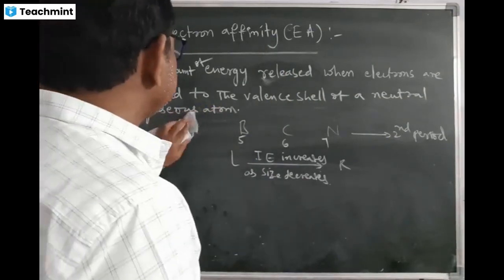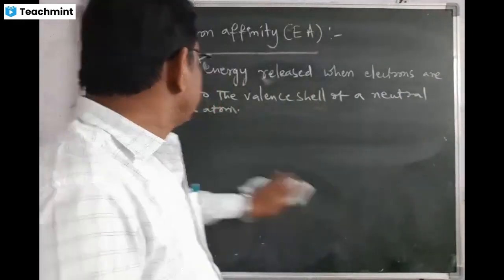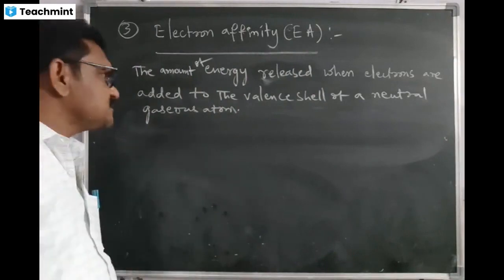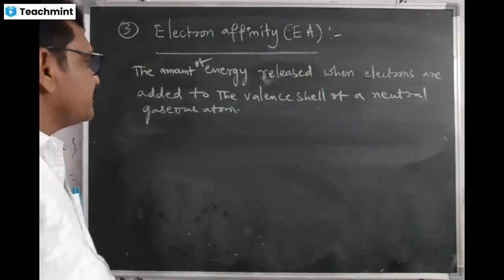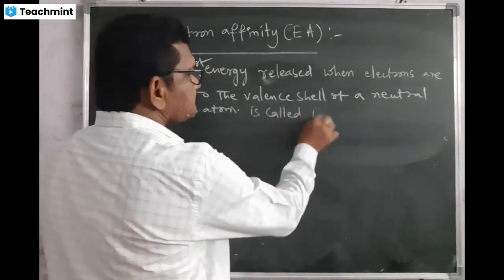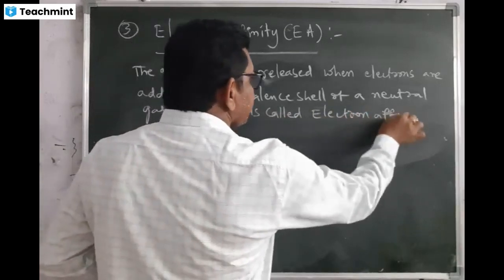The amount of energy which is released when electrons are added to the valence cell, nothing but the outer orbit, of a neutral gaseous atom is called electron affinity.